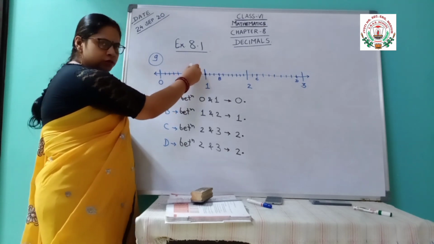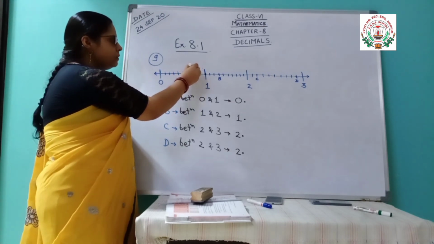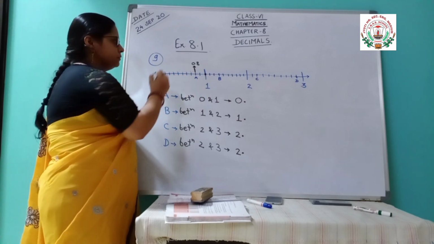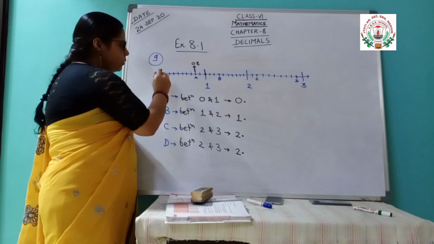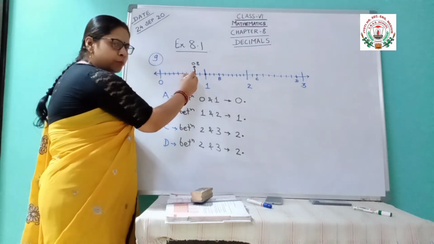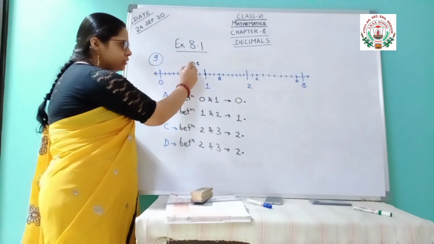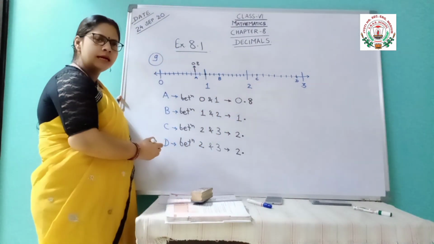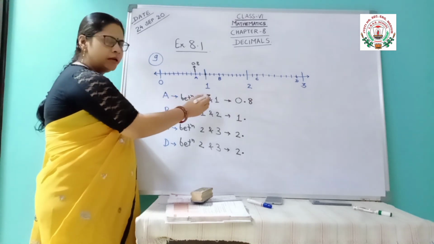It is the 8th point, so it is now 0.8. Is this clear? After 0, the 8th point, that is 0.8. So this is the decimal number for point A.